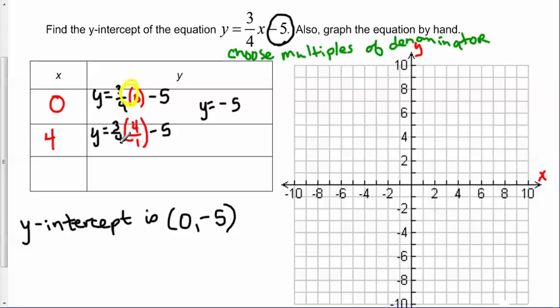And notice my 4's here are going to cancel each other out. The 4 is a common factor, so those 4's cancel out. And now all I'm left with is y equals 3 minus 5. So y equals -2. So there's another point on my graph.